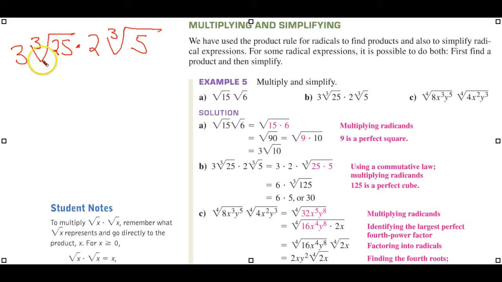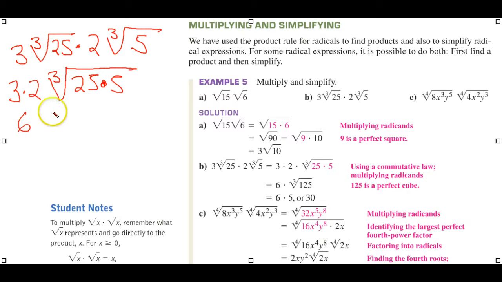So in looking at B, you see we have a 3 times 2, which we can put over here just for a moment, and then put this under a common radical sign. So this is going to become a 6.